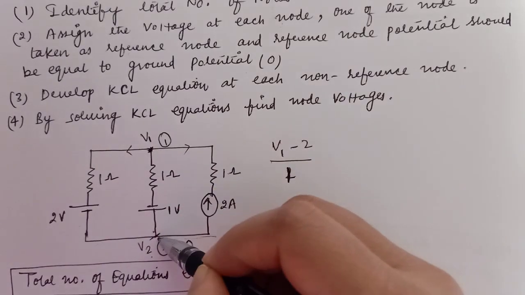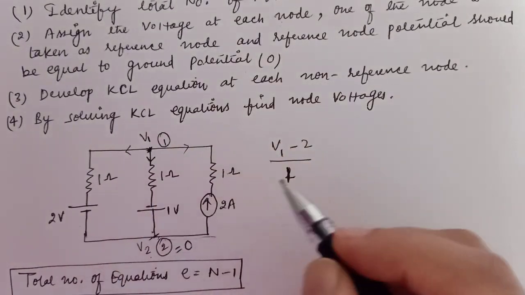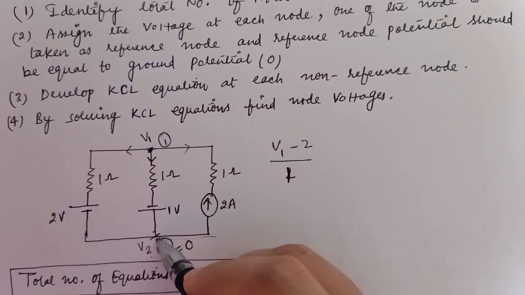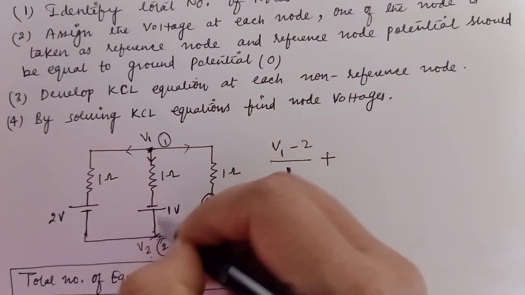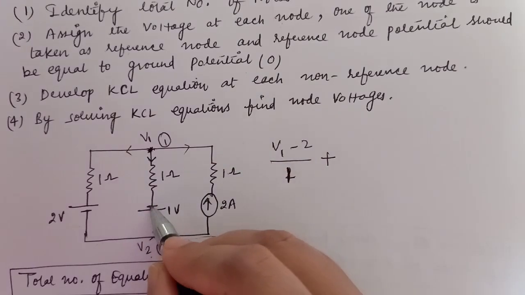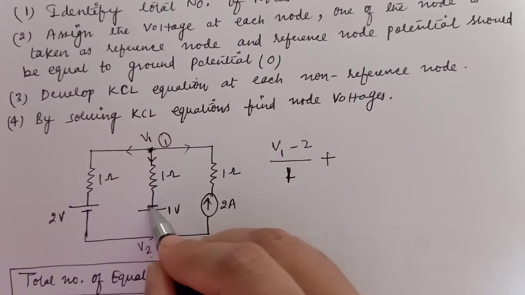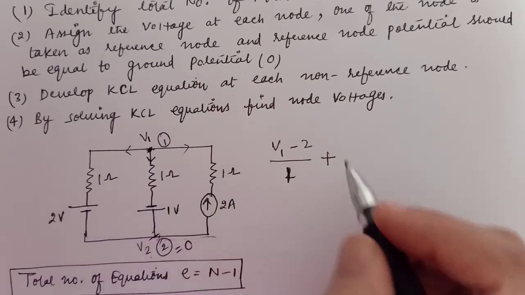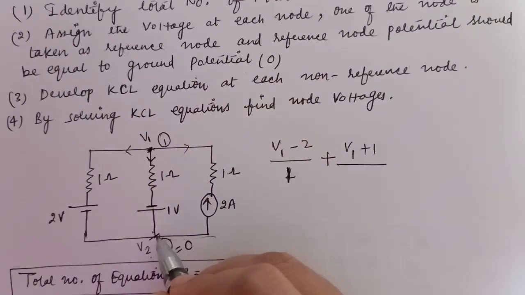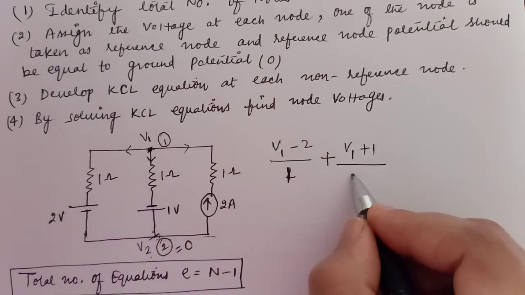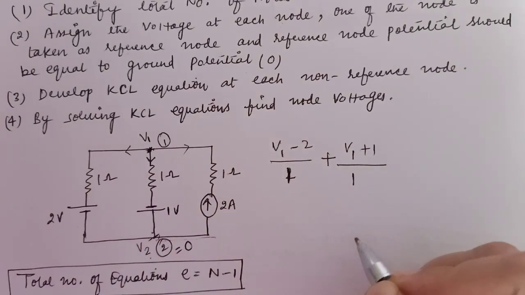Next, this other current: if this is high potential and this is low potential, the current direction will be like this. So plus this current, which will be V1 plus the drop, since the minus sign comes in so you have to add, divided by the resistance, which is 1 ohm.